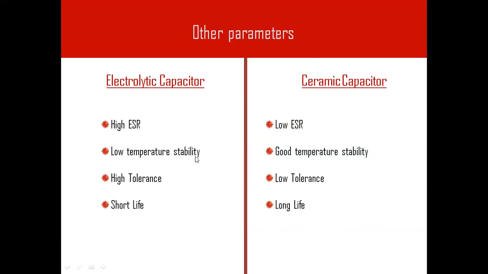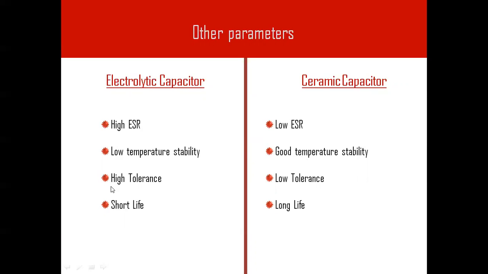Talking about the temperature stability. What do you mean by temperature stability? As the temperature increases or decreases, the value of the capacitor changes. So, when you look at this table, electrolytic capacitors are more sensitive to the temperature changes, but the ceramic capacitors are stable against temperature variations.